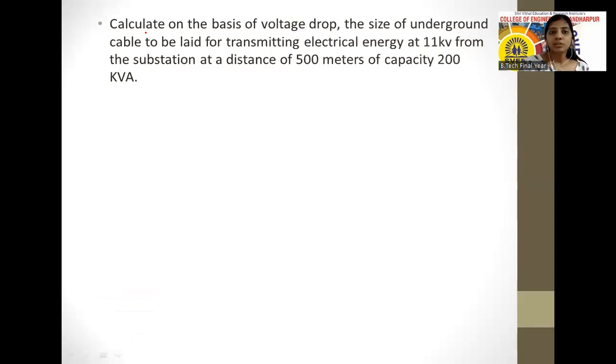Okay, someone just read the question and tell me the given quantities. What are the given quantities in this question? And what we have to find out? Who will tell me the answer?